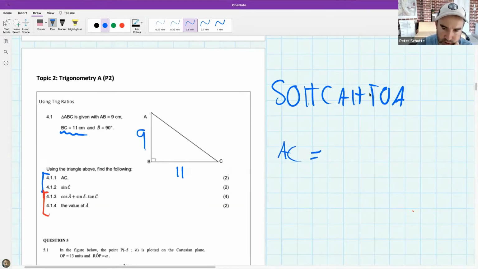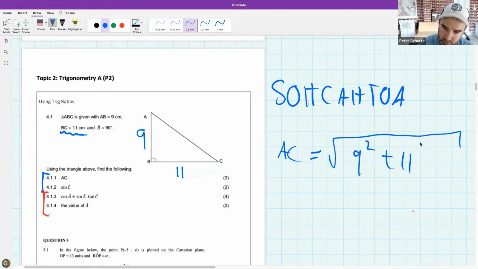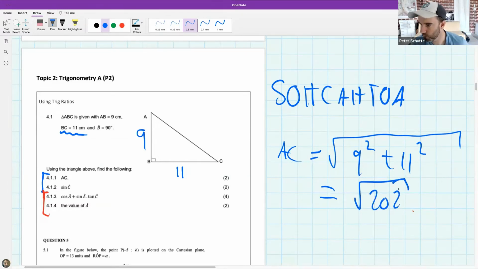Okay, so AC is equal to the square root of 9 squared plus 11 squared, because Pythagoras. Which should be the square root of 202. Perfect.